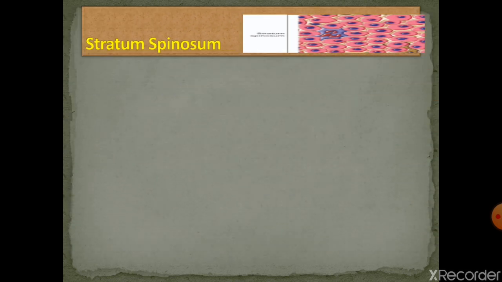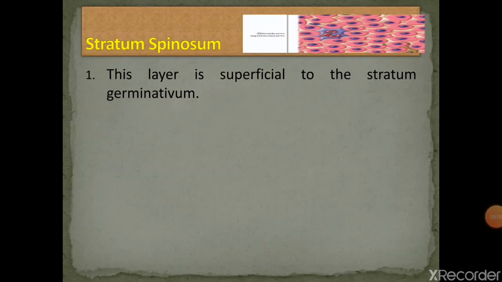Now, stratum spinosum. The stratum spinosum is superficial to the stratum germinativum, or you can say the stratum spinosum is present in between the stratum granulosum and stratum germinativum. This is the fourth layer of the epidermis, stratum spinosum.